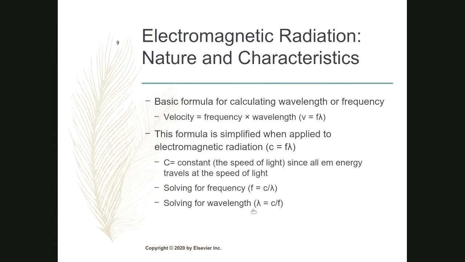And if you were solving for the wavelength, it is equivalent to the speed of light divided by the frequency. If you were dealing with some other form that wasn't electromagnetic energy, then it would simply be velocity equals frequency times wavelength. And all of that information is found on page 28.